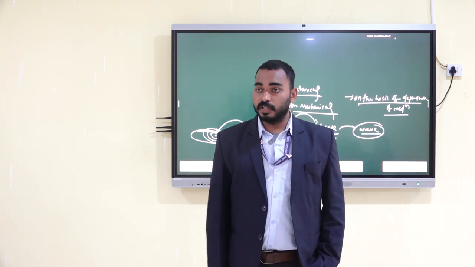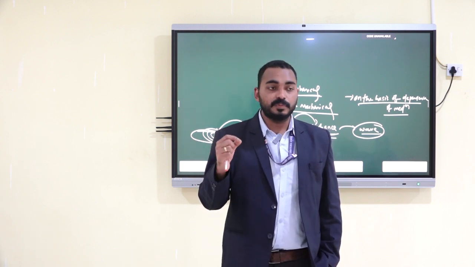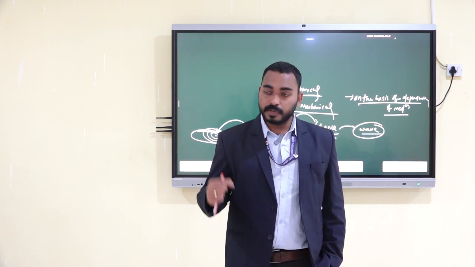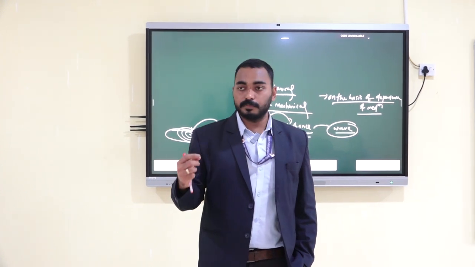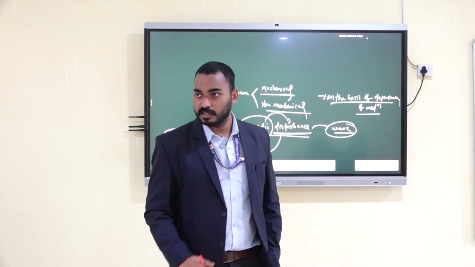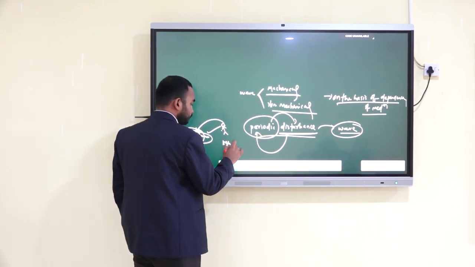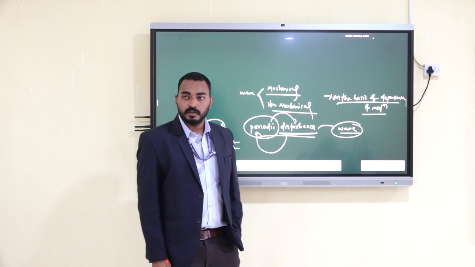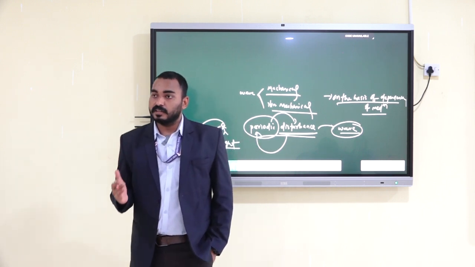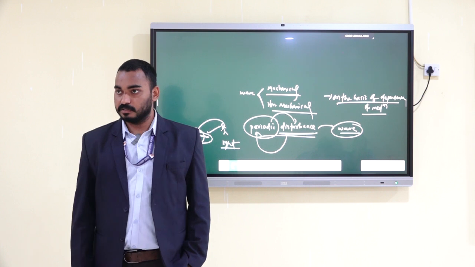Just like sound wave is the type of wave which depends on the medium. If the medium is present, it will travel. If the medium is not present, it will not travel or transmit. But if we take the example of light, light can travel in a medium, and light can travel without a medium also.